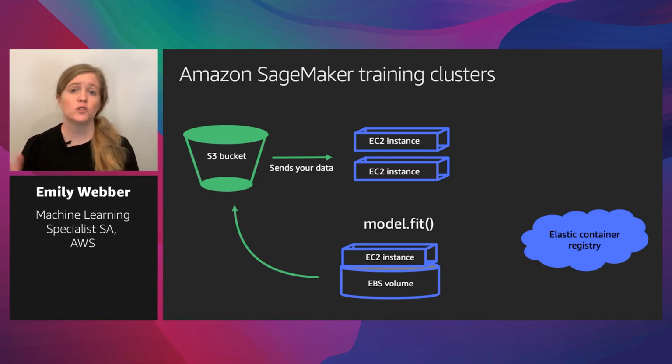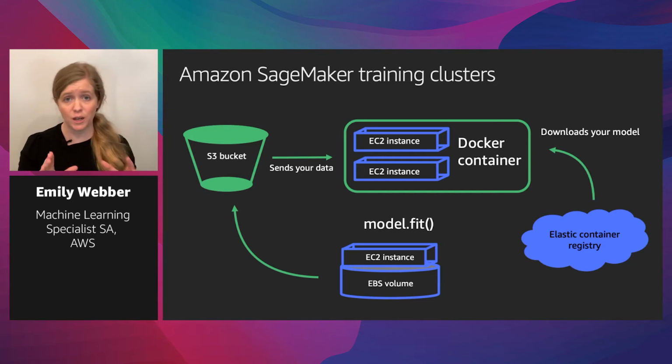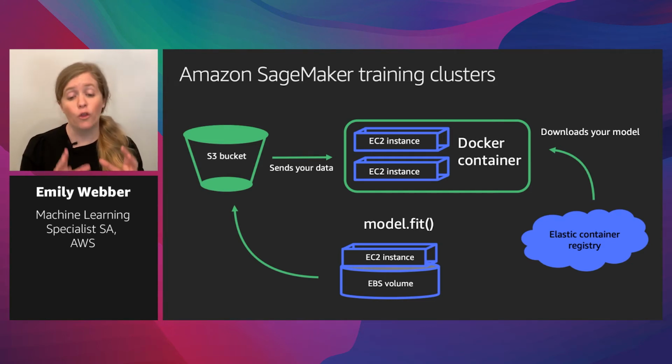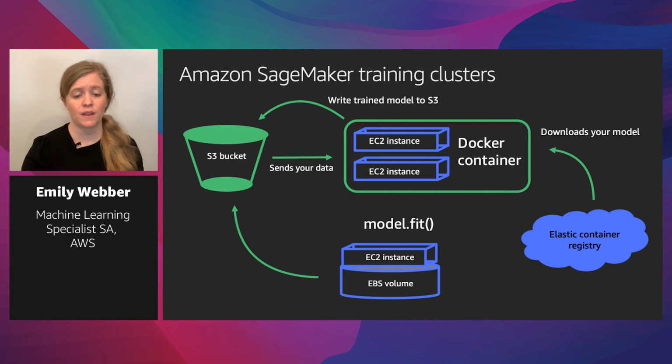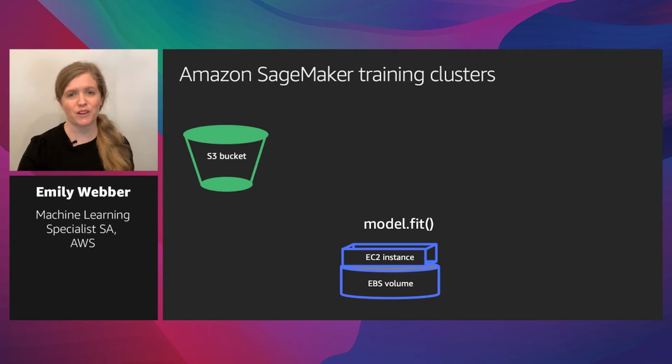And what we want to do is just point to that image so we can land it on this cluster. And so ECR is actually going to download that Docker container onto that host. And then again, this is going to run, right? This guy is up for the number of seconds your model is training. The moment this finishes training, your trained model artifact is going to be written back to S3, and then the job completes, right? Everything comes down.